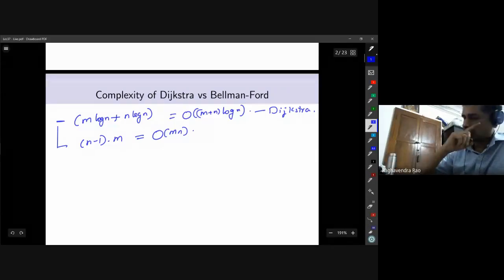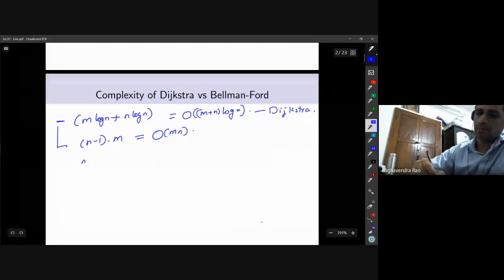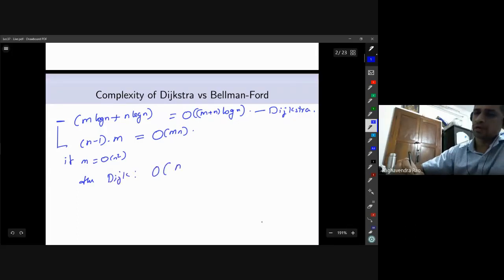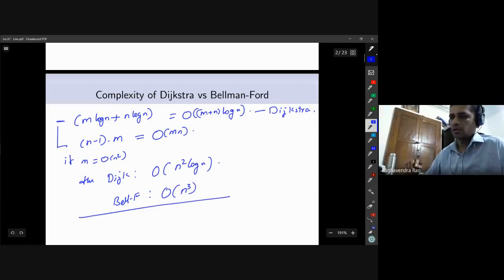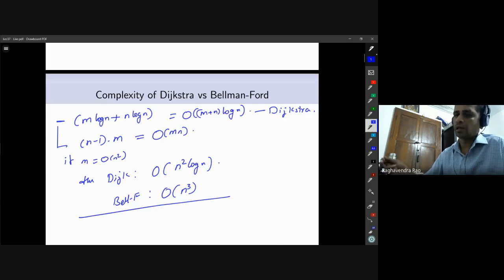So if you assume m is order of n square, then Dijkstra's will be order of n square log n, Bellman-Ford order of n cube. So in any case, Dijkstra's performs much better than Bellman-Ford, up to a n by log n factor.